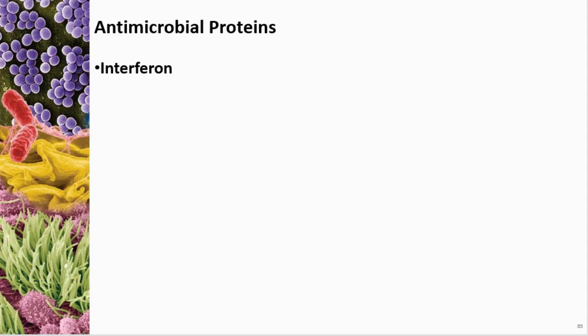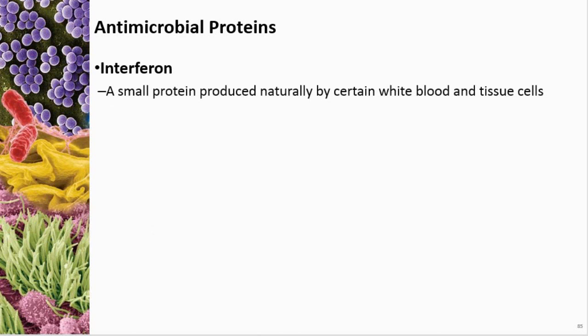Okay, so we are going to talk about antimicrobial proteins, starting with a protein called interferon. We've mentioned it earlier, but let's talk about it in a little bit more detail. So interferon is a small protein produced naturally by certain white blood cells and tissue cells.